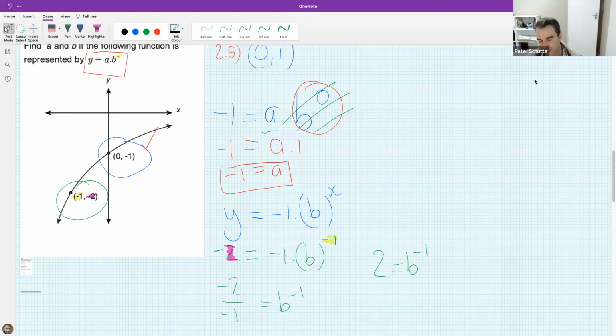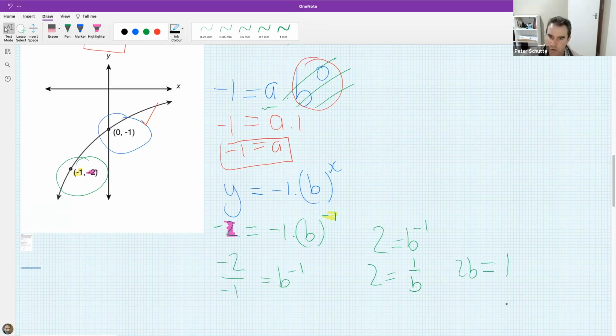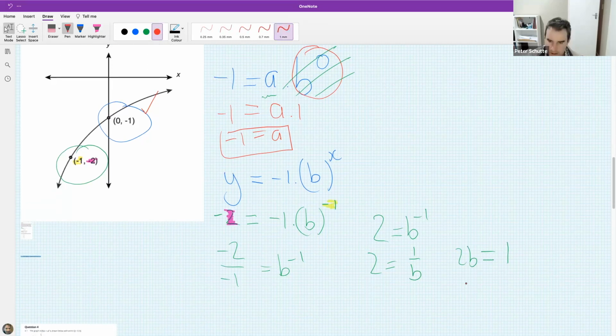Okay, so that's sneaky. Kat, you don't have to go to logs at this stage. I was thinking, isn't there a law? Yes. So I was thinking we could write this as 2 equals 1 over b. And then I can move the b to the other side, so I get 2b equals 1. And then if I bring the 2 back, I get b is equal to a half.